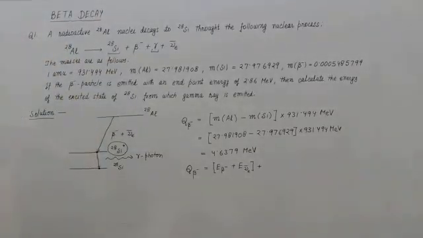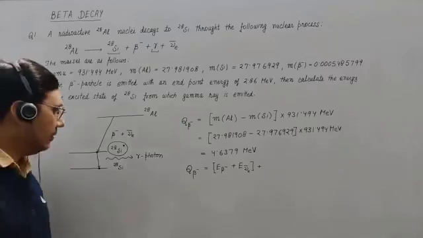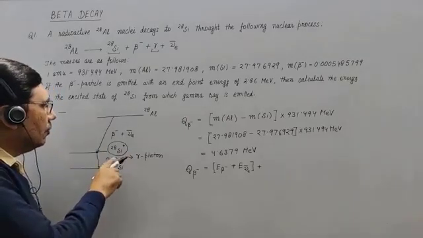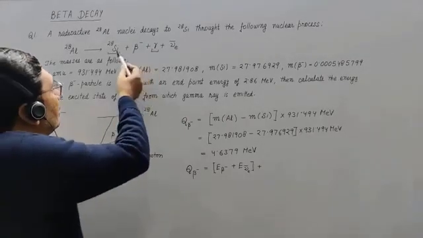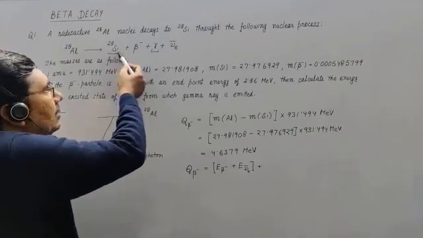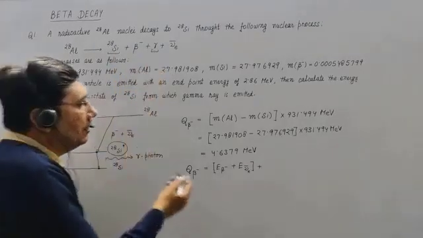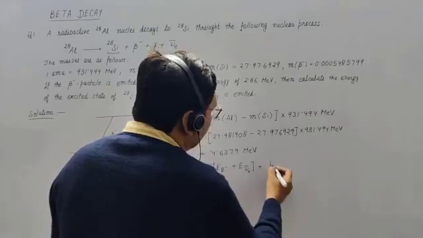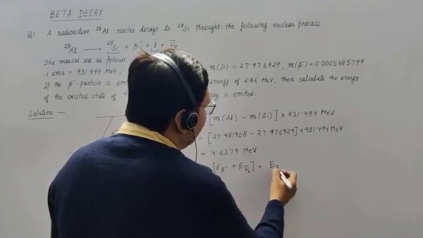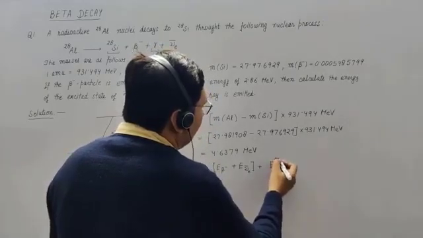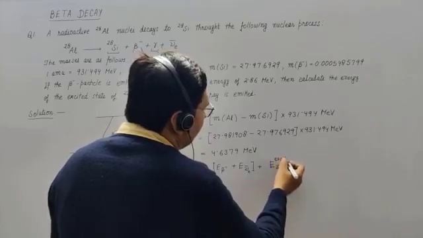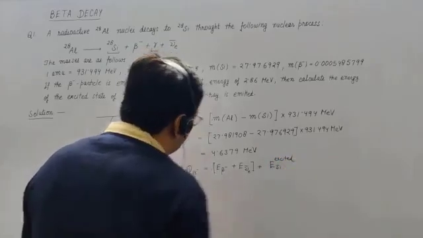If we add up these two energies, this will be the energy of the excited state of the silicon we have discussed here. This will be our equation.